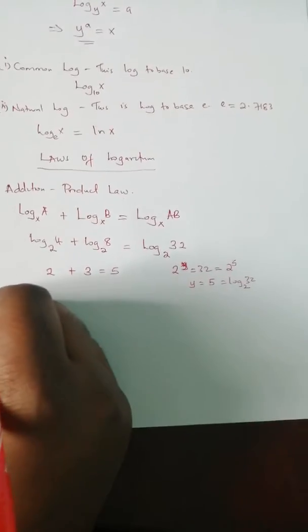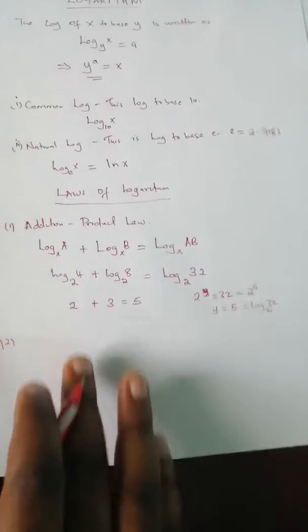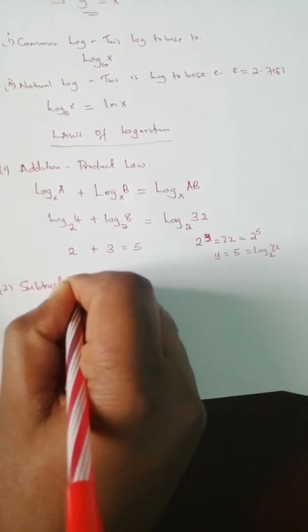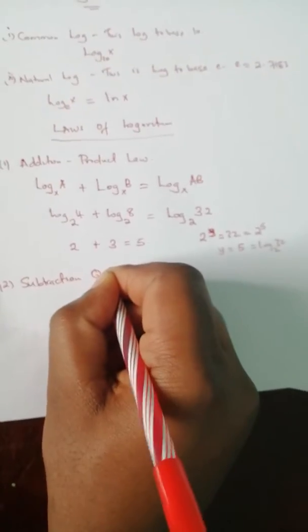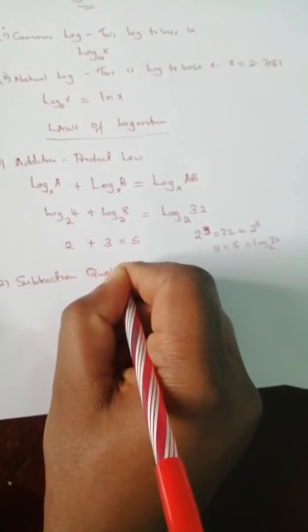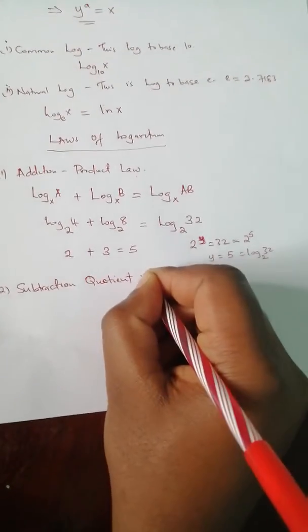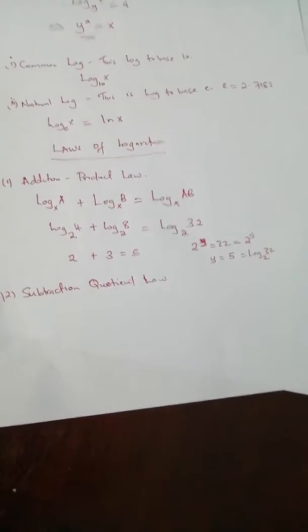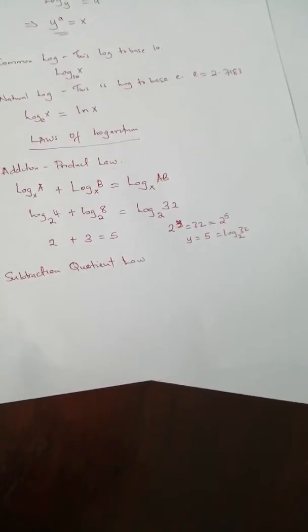So we get the second rule of logarithm. It's usually called the subtraction quotient law. So what does it state? Let's use those logarithms that we have used in the addition product rule.